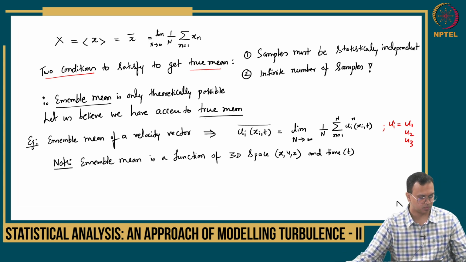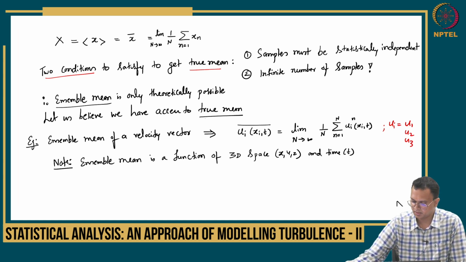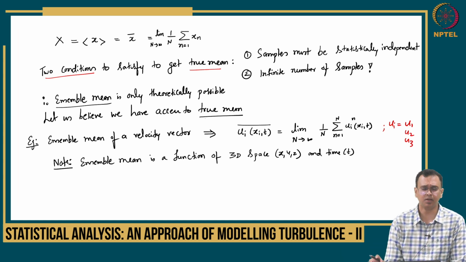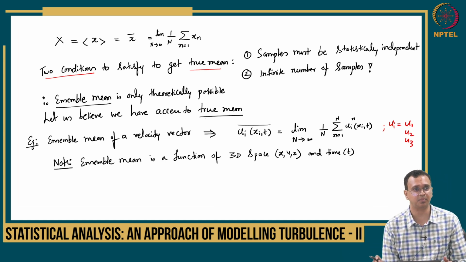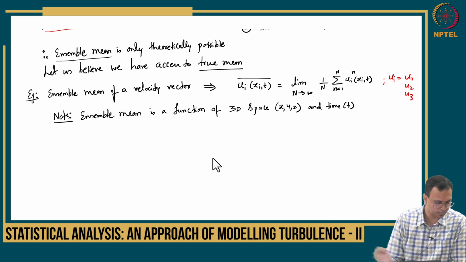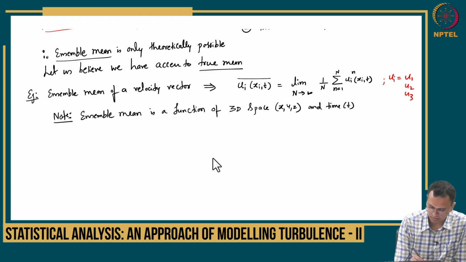Alright. So now we know how to define an ensemble mean for a velocity vector, and some may have a question, then what is time average? Because in the laboratory we are continuously taking samples. Okay. So a time average can also be the same as an ensemble mean, only in a special case. So we will define what is a time average first. Okay.